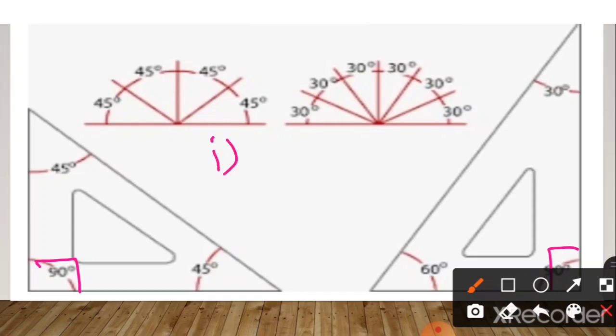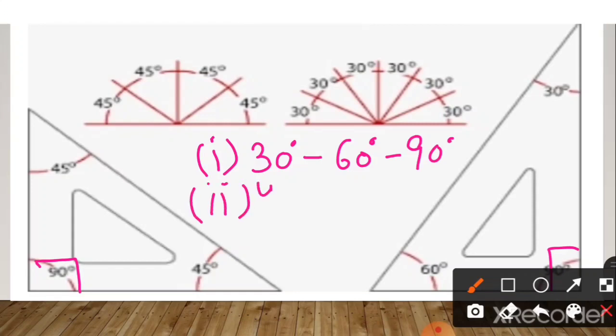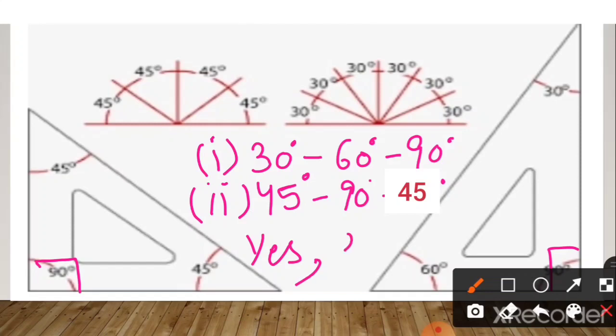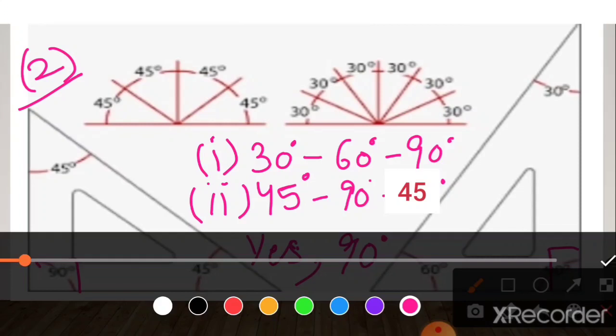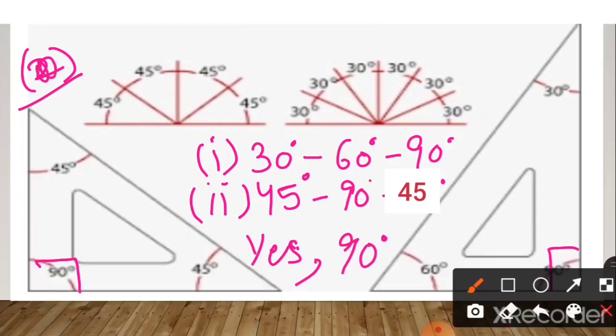In the first set square the angles were 30 degrees, 60 degrees and 90 degrees, and in the second set square the angles are 45 degrees, 90 degrees and 45 degrees. So do we have any angle measure which is common in both? You can write yes, 90 degrees is common in both the set squares, right? This is what we have discussed. This was question number 3.